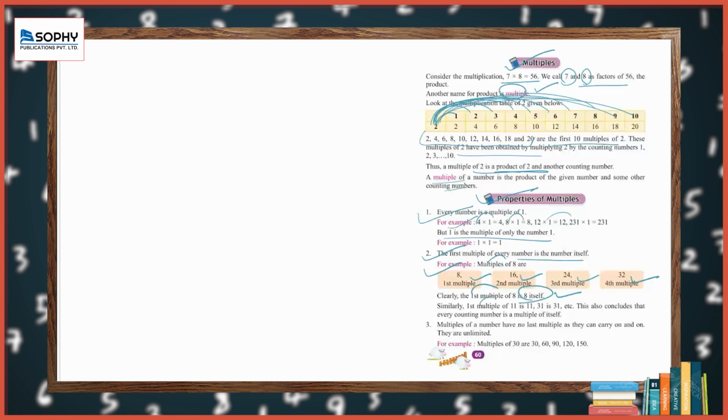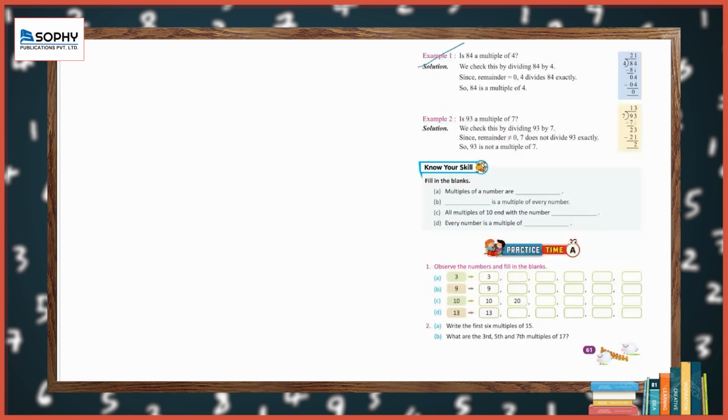The third property says that multiples of a number have no last multiple as they carry on and on. They are unlimited. For example, students, multiples of 30 do not end, they just carry on forward and we cannot tell how many multiples a number can have.